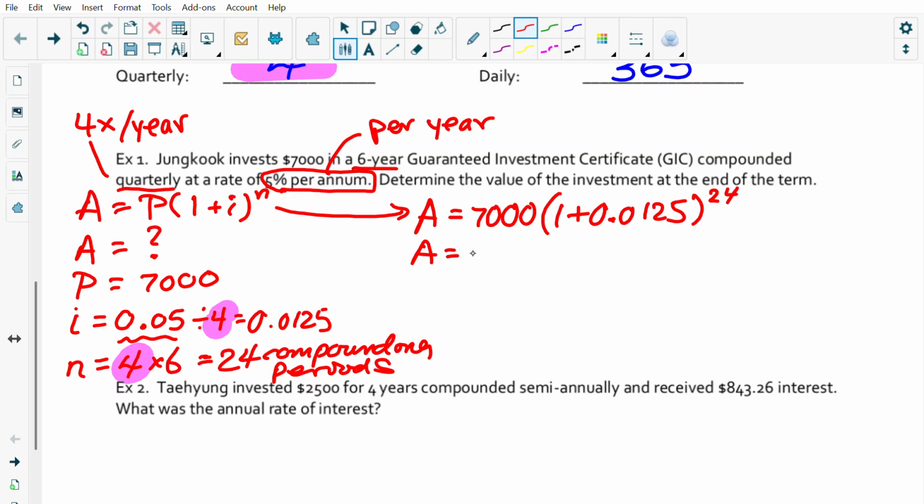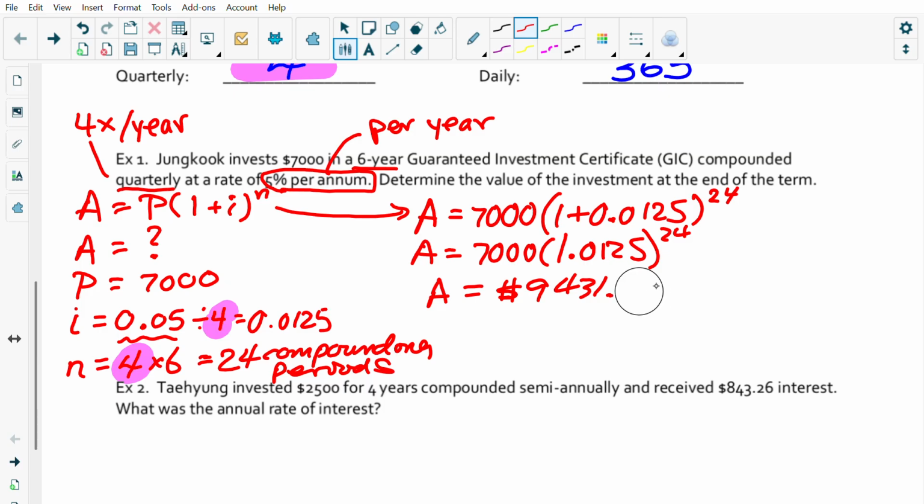So this is our classic exponential function, 7,000 times 1.0125 raised to exponent 24. My A, the investment value at the end, so principal plus interest, the original amount plus the interest earned, is $9,431.46.